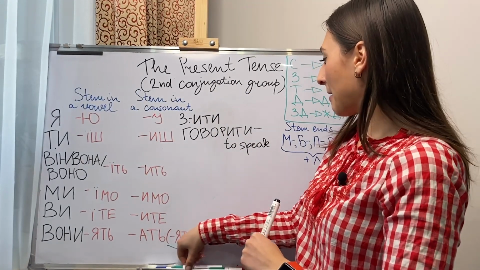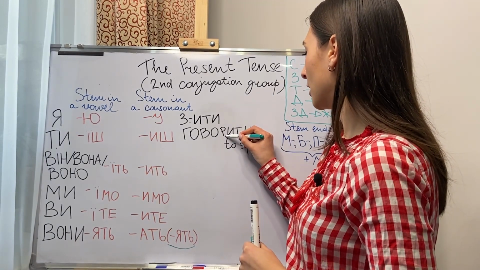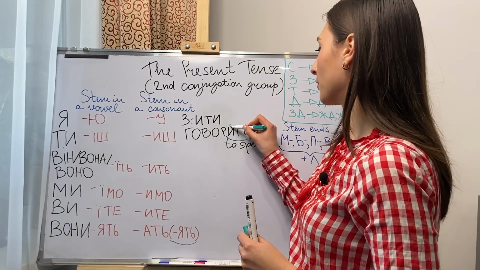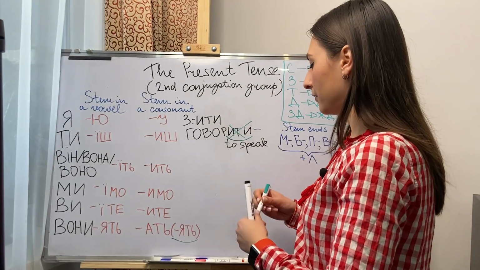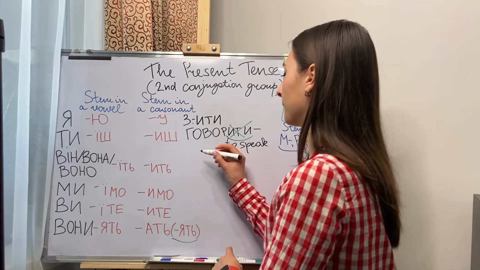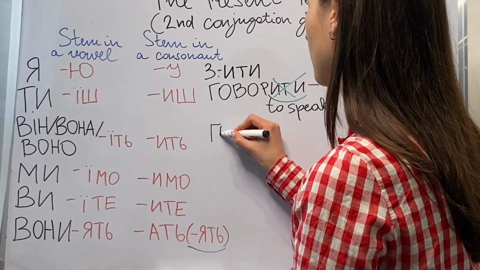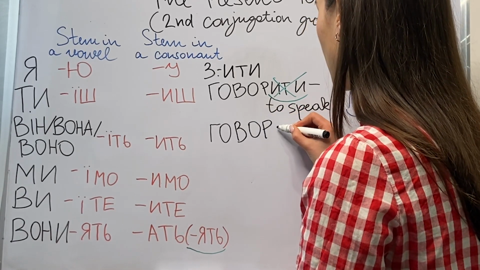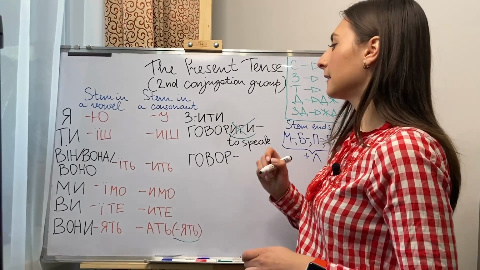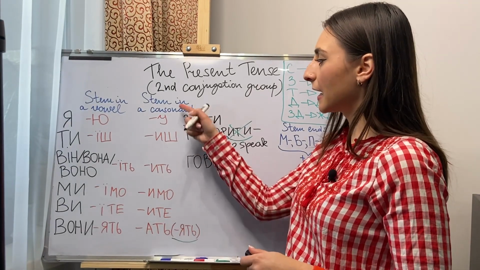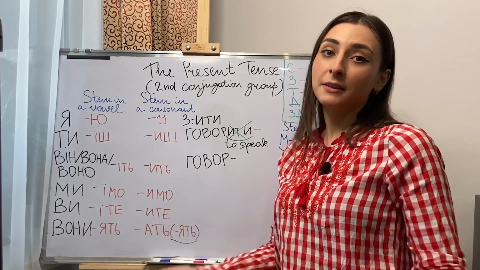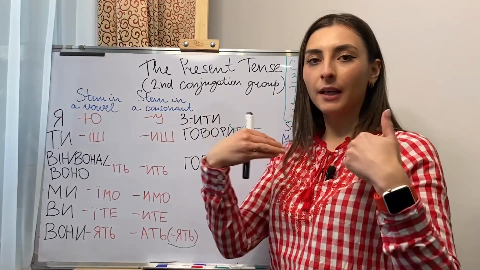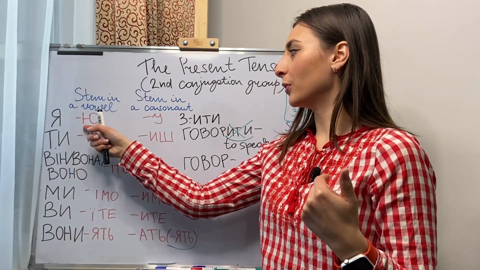So, guys, you have to highlight the ending iti, then we drop it, and then we have the stem говор. Yes, guys, it ends in a consonant. It means that we have to add this kind of endings, but this is an exception. So for я, again, you have to add ю here.